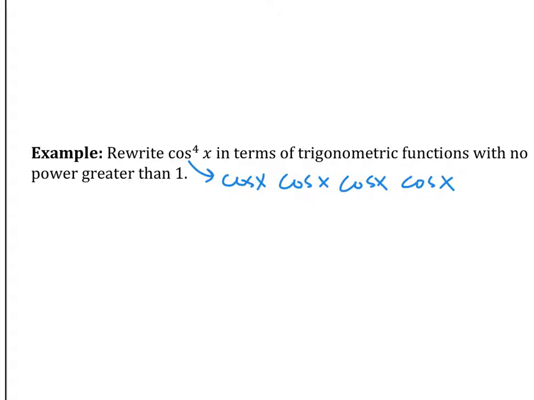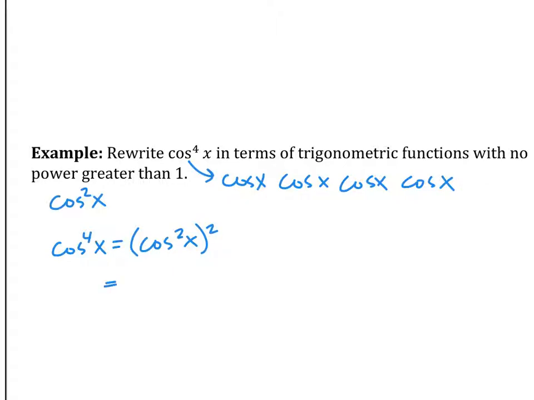Power reducing identities are all in terms of squares. This is to the fourth, so how do we change a fourth degree into something that has a second degree? What we can do is change fourth degree into second degree squared. That's going to give me 4 degrees.